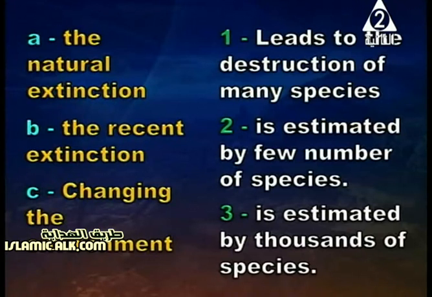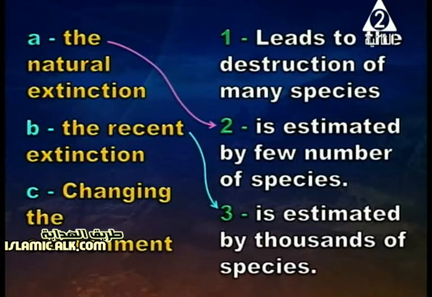For A, the natural extinction is estimated by a few number of species, because this is naturally occurred. However, the recent extinction is estimated by thousands of species, because it occurred vastly and because of the intrusion of man in nature.